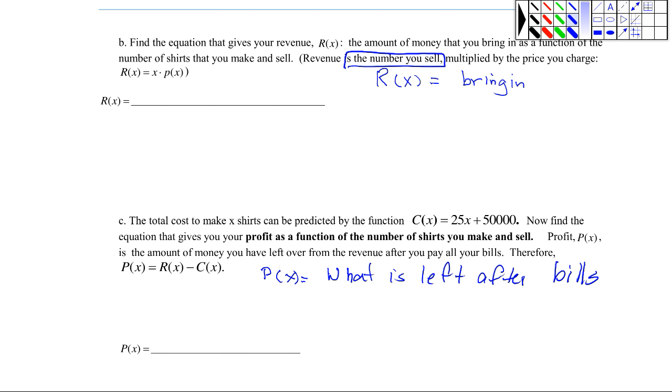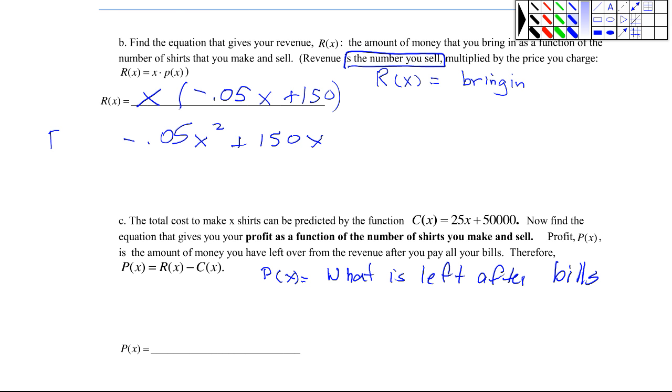Well, x is the variable that represents the number we sell. The price per shirt, we already said, was negative 0.05 times the number you want to be able to sell plus 150. So we distribute, get negative 0.05x squared plus 150x, and that is our revenue equation.